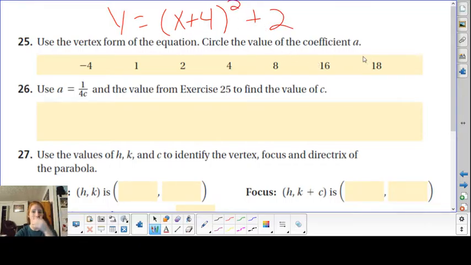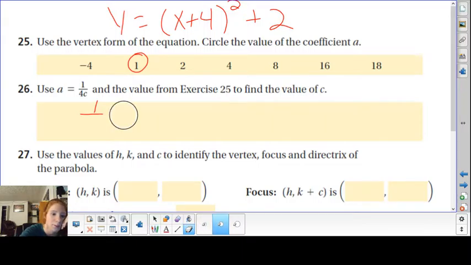We want to find the coefficient a. So a is anything in front. Well, the one in front is going to be an invisible 1. So we're going to write that in the 1 over 4c. Excuse me, we're going to find the value of c. I apologize. So I know a is 1, and I want to solve for c.